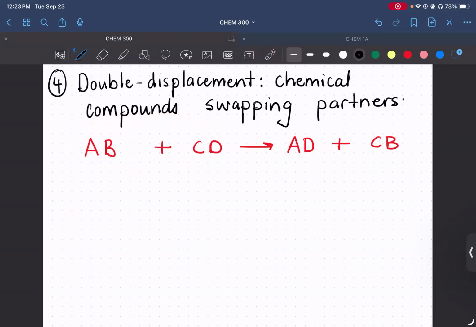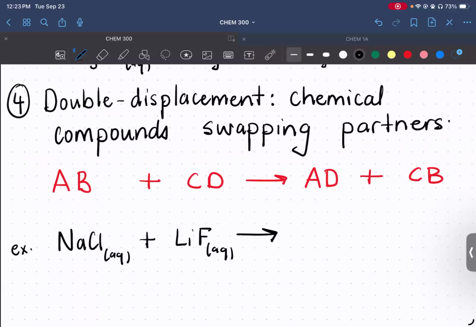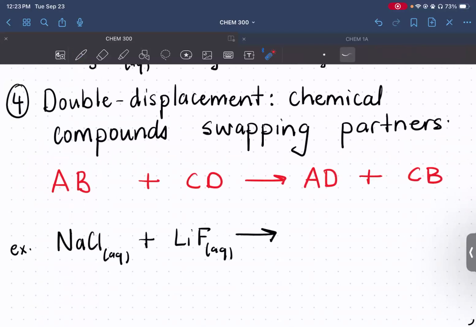Let's see an example of this, which is the reaction between sodium chloride and lithium fluoride. We see here 2 chemical compounds, not elements, compounds. And how do we know they're compounds? Because each of them has at least 2 elements.